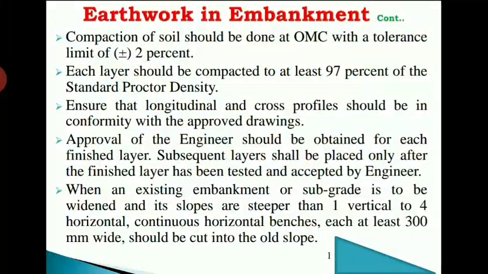The standard Proctor density would be 100%, but in the field we need to achieve up to 97% such that we can deliver it for traffic, I mean, it will be open for traffic. So whatever standard Proctor density is given, if it is 100%, we need to achieve a minimum of 97%. Like that, we need to do the compaction and add the optimum moisture content value to the top layers, I mean to the soil.